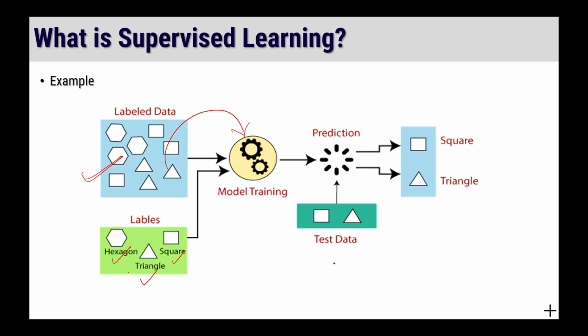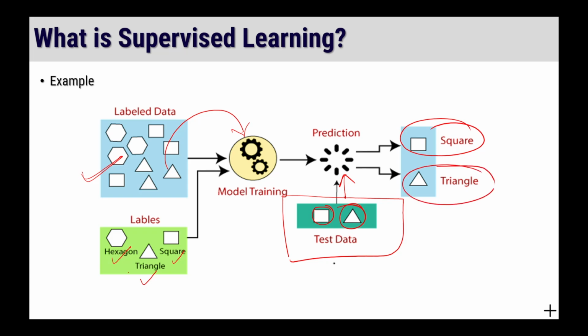After training, we provide the model with new shapes, test data that it hasn't seen before. For example, we have given it a square and a triangle as a testing data. The model looks at the new shapes and predicts their labels based on what it has learned from the training data. And in the end, the model correctly predicts that one shape is square and one shape is triangle.